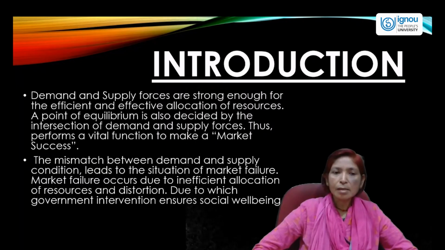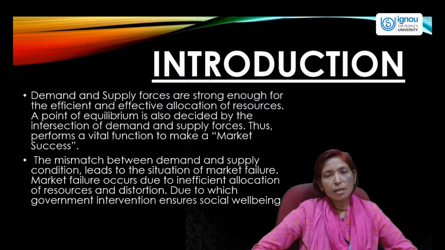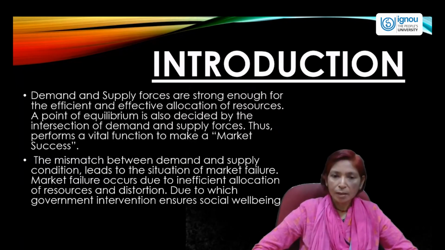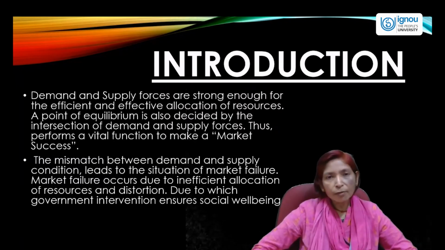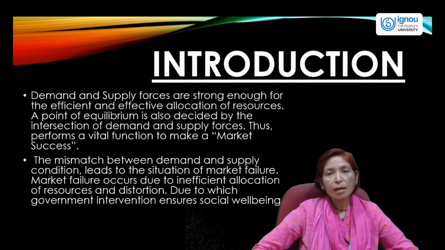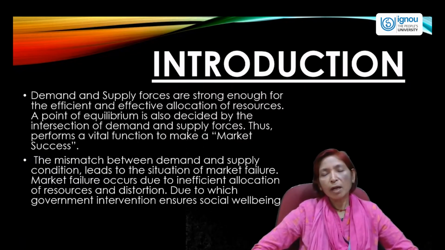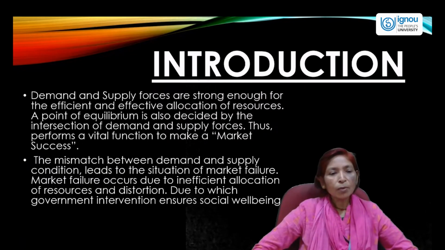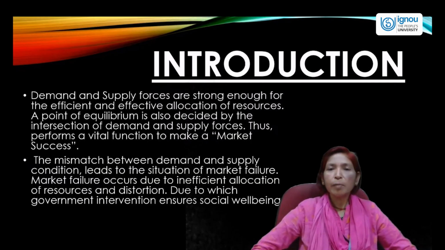Market failure occurs due to inefficient allocation of resources and distortion. If resources are not efficiently allocated, not properly distributed among the society equally or efficiently, and if any distortion or disturbance occurs, then the market will become a failure. So government intervention ensures social well-being.